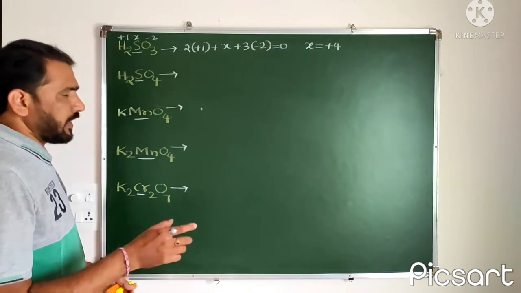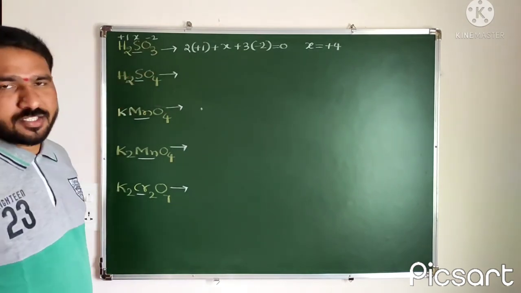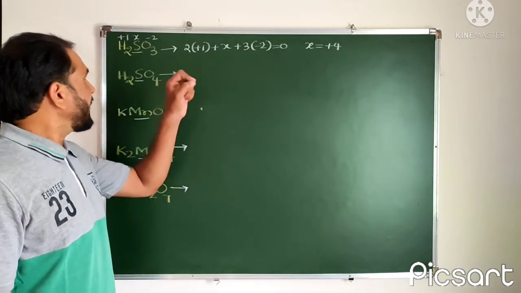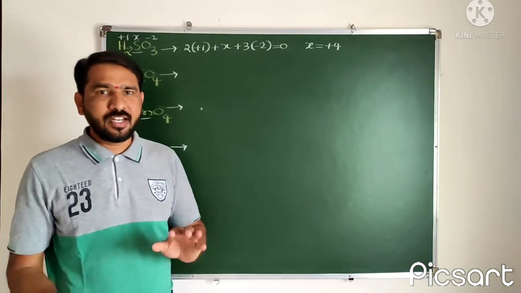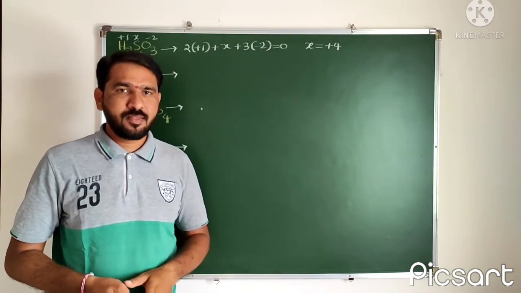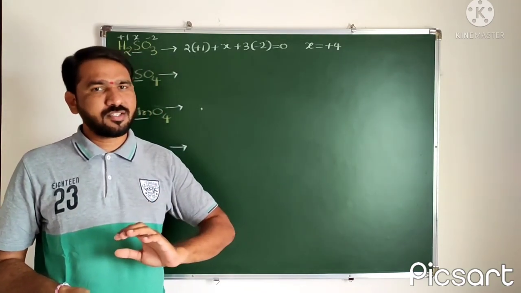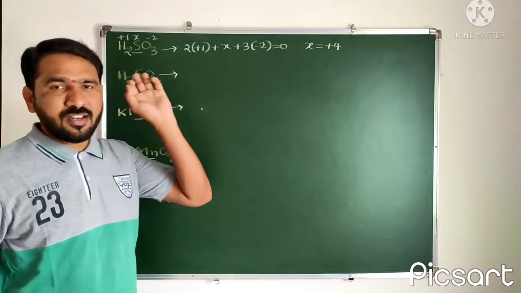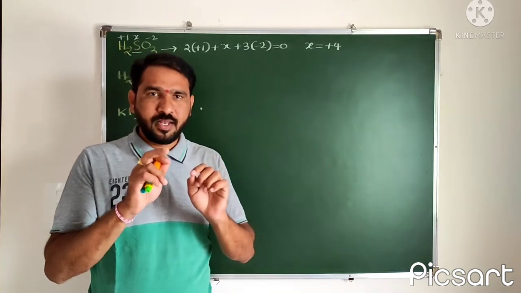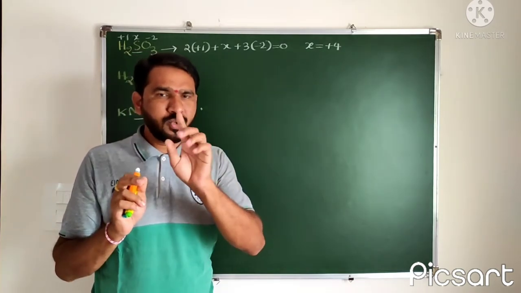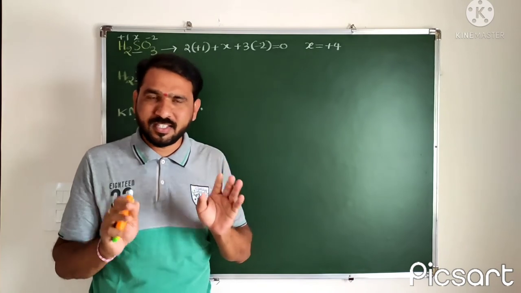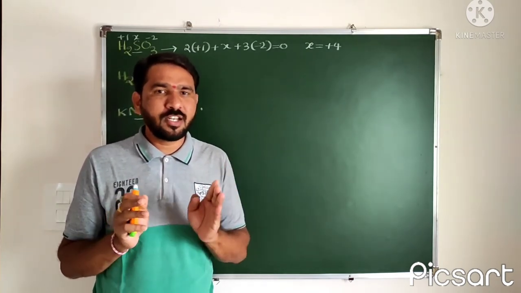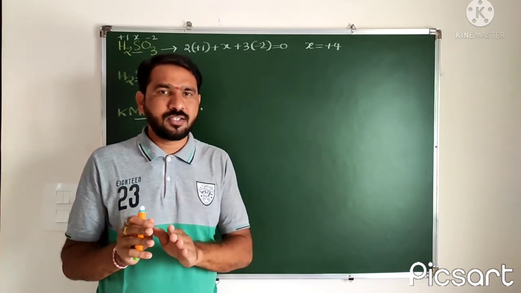Or else, simple calculation. As I told, for the neighboring atoms of the sulfur we need to calculate the oxidation states first. Then automatically we will get the oxidation state of sulfur. Let me check once. Oxygen general oxidation state is -2. Number of oxygens 3, -2 into 3, that equals -6. Over the molecule nothing is there, which means however many negative charges are there, that many positive charges are also there.